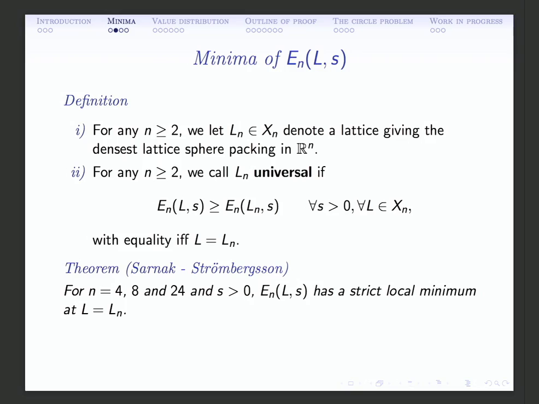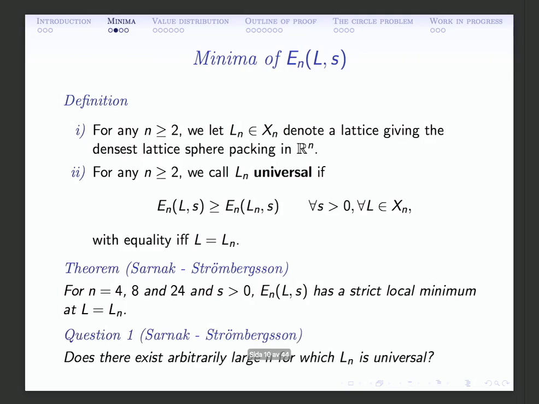But you cannot tell that it's the global minimum as you would like to. At least this is a first step. But apart from this theorem, I don't know of any results towards whether there are any universal lattices other than L_2 in the two-dimensional case.